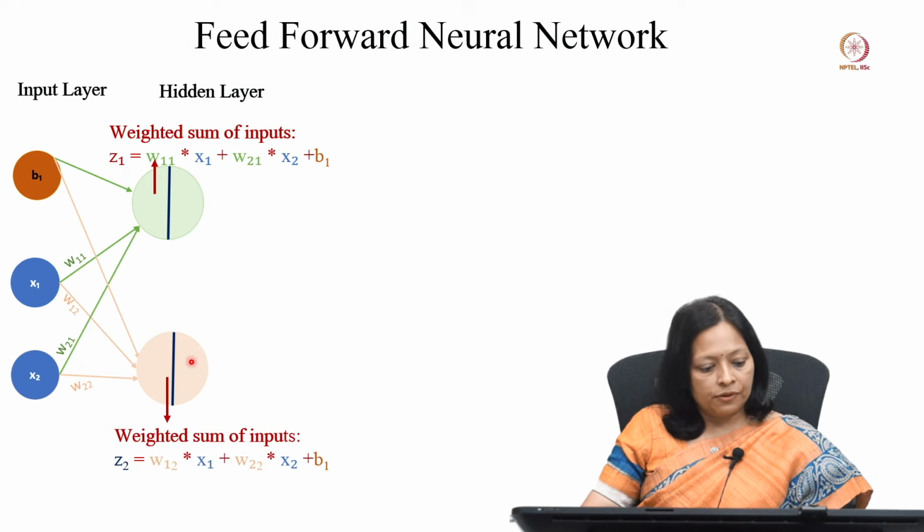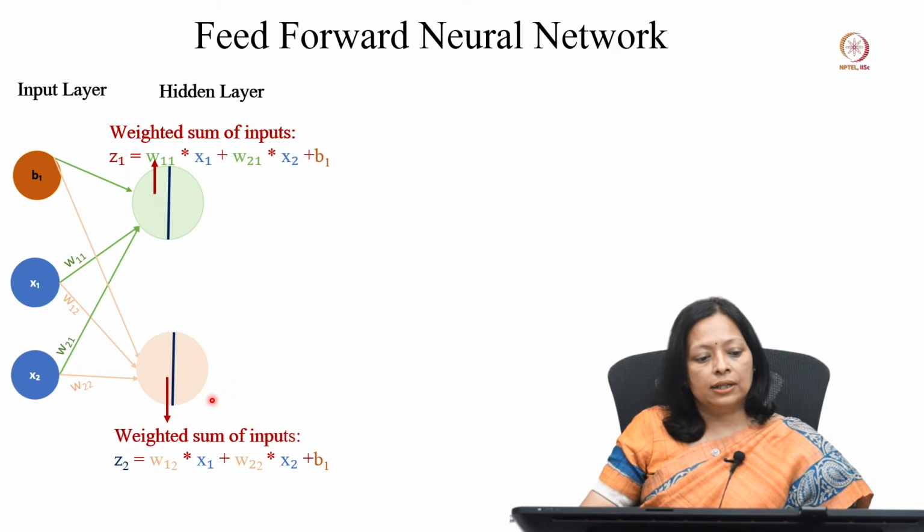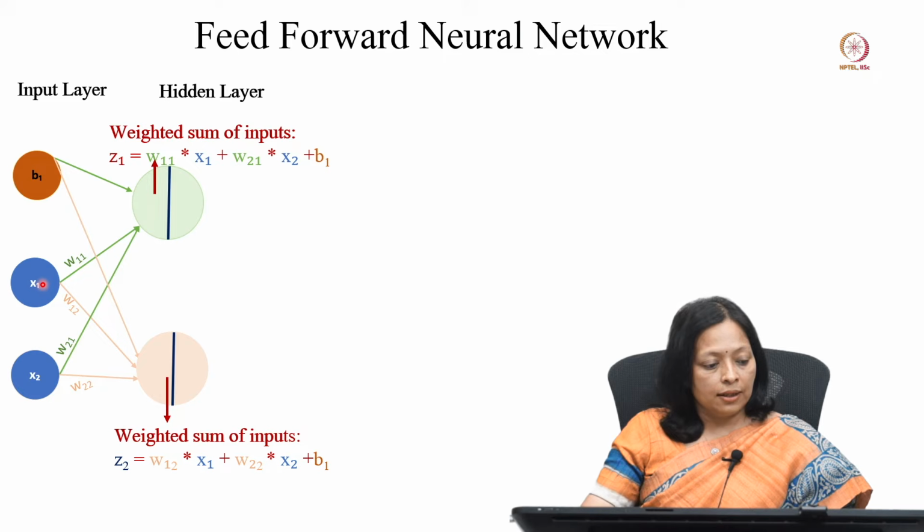Similarly, for the second neuron in the hidden layer, the weighted sum of inputs is Z2 equal to W12, the weight associated with the X1 input when it is going to the second neuron in the hidden layer. So, W12 into X1 plus W22 into X2 plus B1.